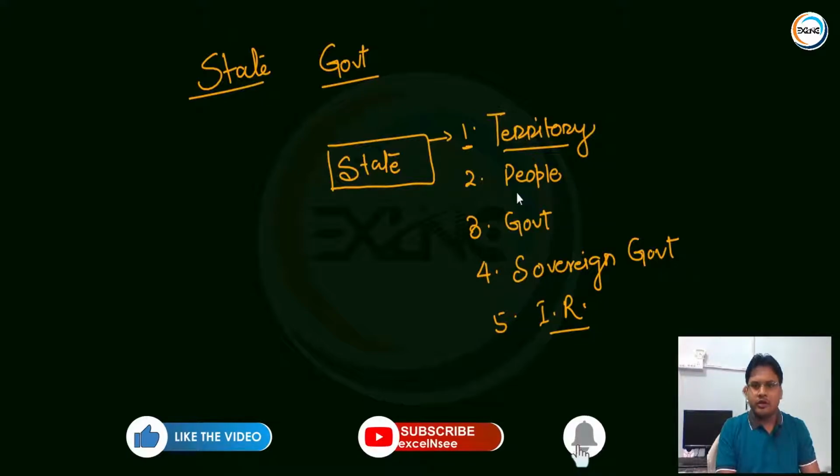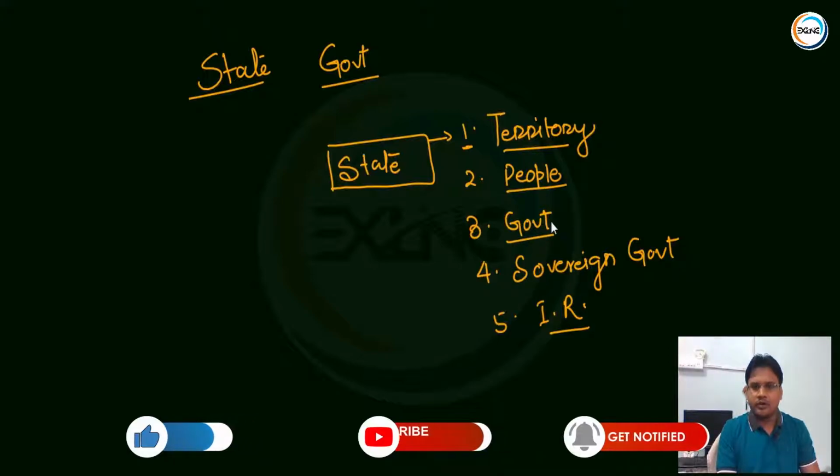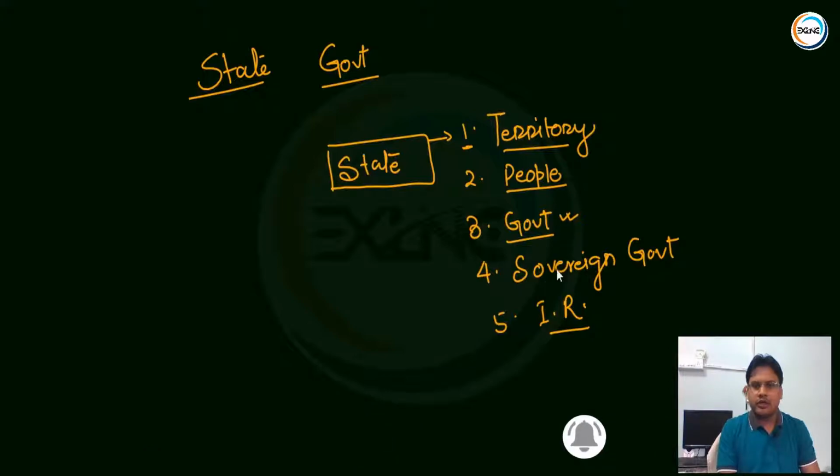In this territory live a group of people. Those people, through a certain process of election, elect the government. The government should be sovereign, and that government should have international recognition. So these are the five elements which qualify the definition of the state in modern political science.